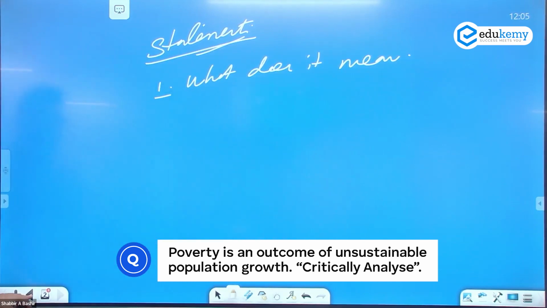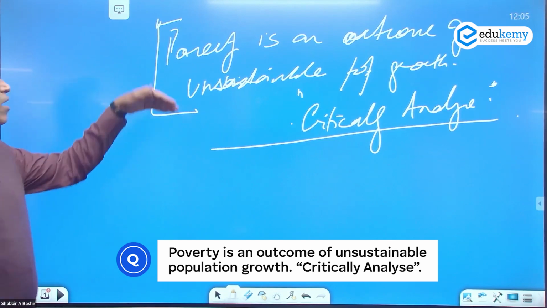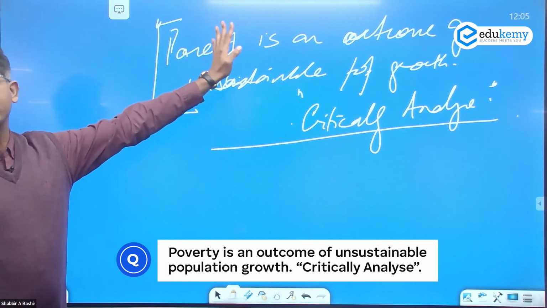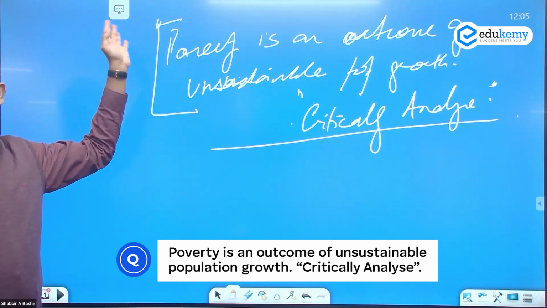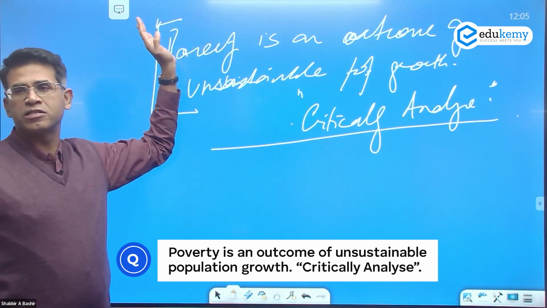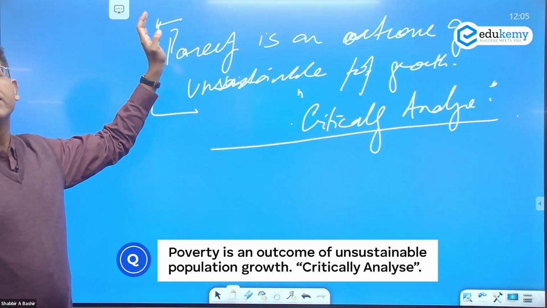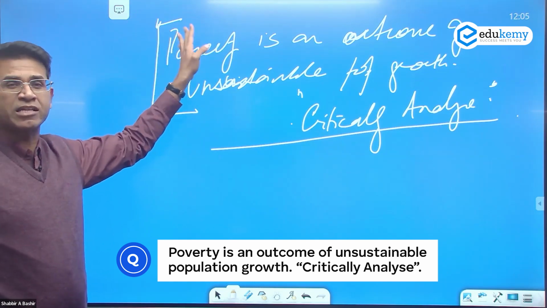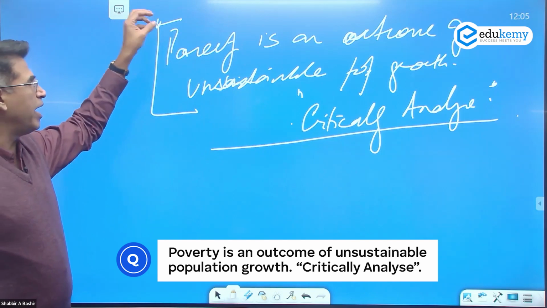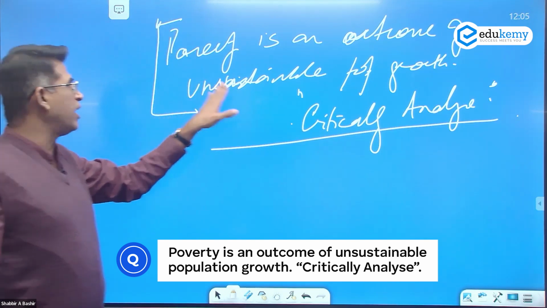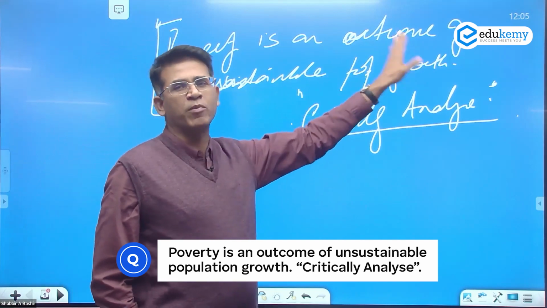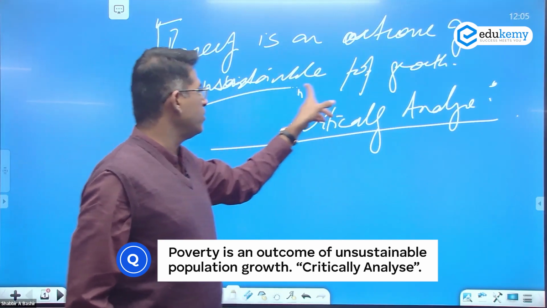So this statement means poverty expands: income poverty, unemployment, food shortages, problems of housing, problems related to access to amenities, health issues. So poverty is because of unsustainable growth of population. What does this mean?